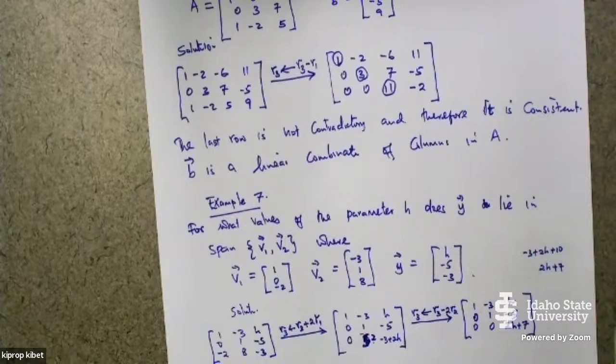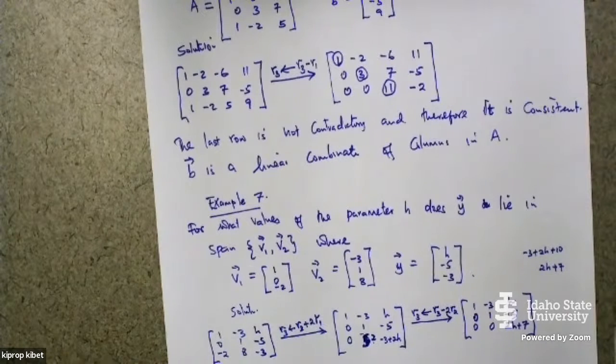If we have a nonzero value here and all these are zeros, then it becomes contradictory. For this one to not be contradictory, this should be 0.